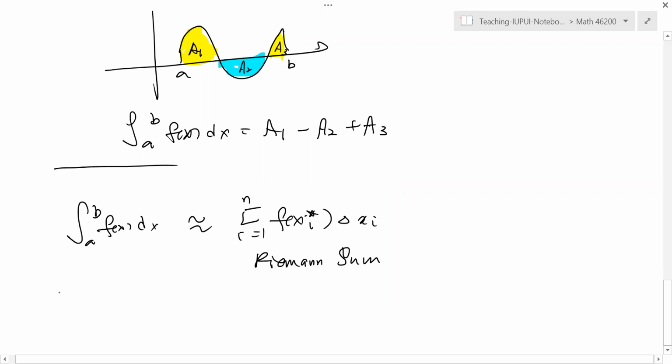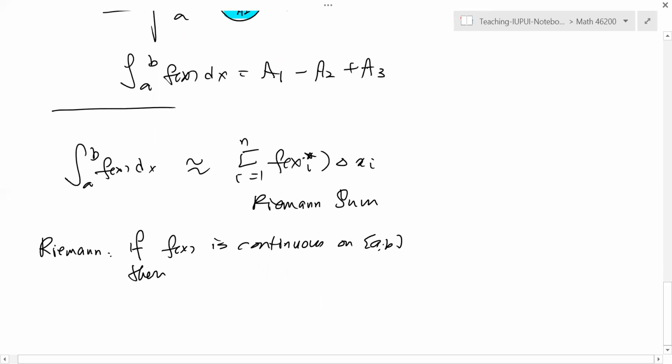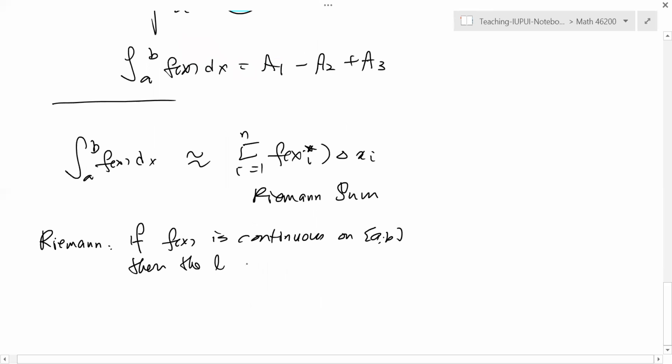And Riemann's contribution, he's a German mathematician, is that if f of x is continuous on the interval, then it's guaranteed the limit exists, or the integral is the limit.